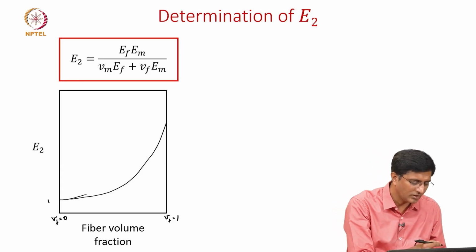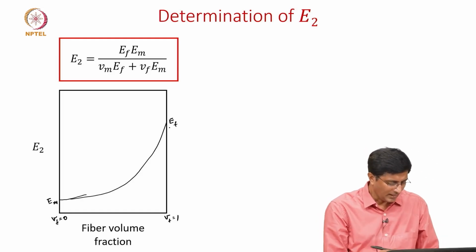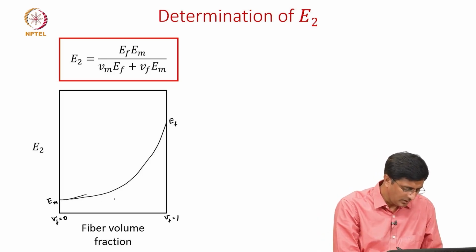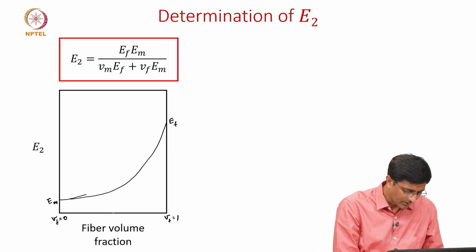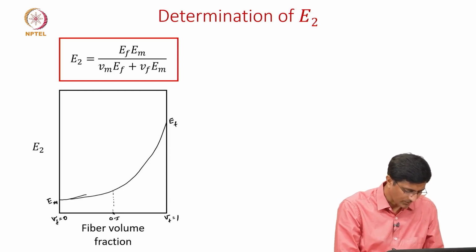Here if I plug in Vf equal to 0, we should get simply Em, and to the right EF. As we can see, initially even until volume fractions of 50, it is very close to the EM value. Let's say this value is around 0.5.